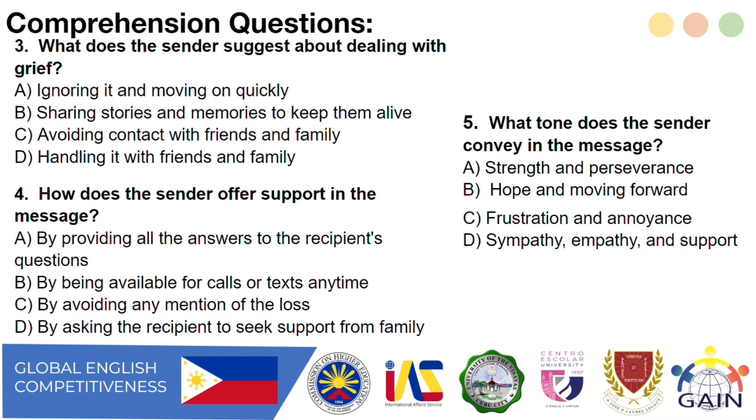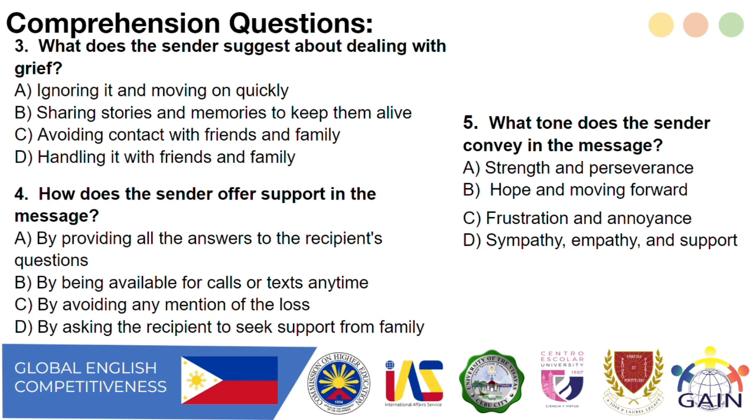Let's proceed to number 3, 4, and 5. Number 3. What does the sender suggest about dealing with grief? A. Ignoring it and moving on quickly. B. Sharing stories and memories to keep them alive.